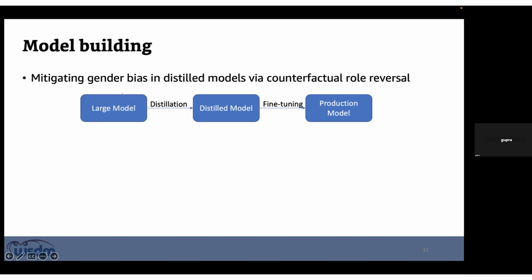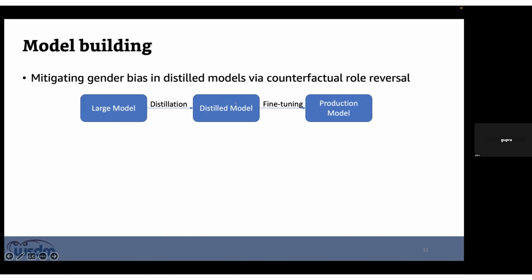In NLU, when you're building a model, one typically starts from a large model. I gave this example of the Alexa 20B model, a 20 billion parameter model. We distill it to smaller models. That could be a billion parameter model or 50 million, depending upon the memory budget that you have in your deployment server. And then finally, you fine tune it for your task.